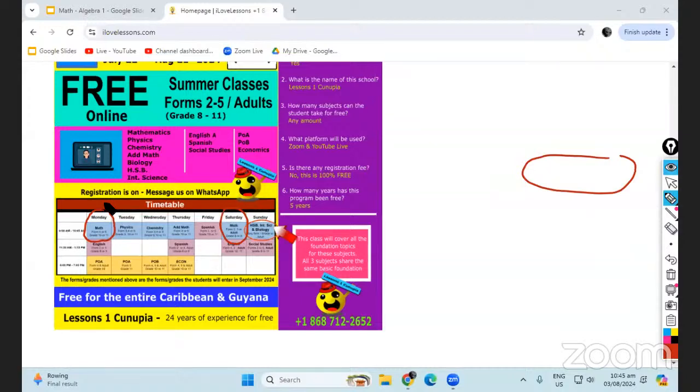Because when September starts, remember, adults, you've been out of school for a while, so you need to put in twice the amount of work as everyone else. So for the Saturday class and the Monday class, review the recordings, so when September starts you're on the same level as the rest of the students in school. Like I said, you need to put in twice the amount of work. The adults are okay with that, right?